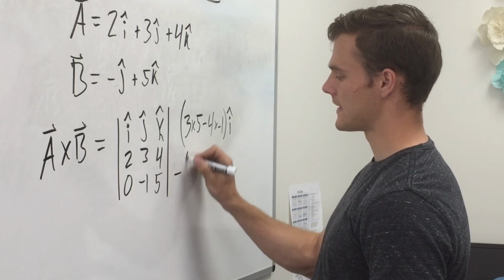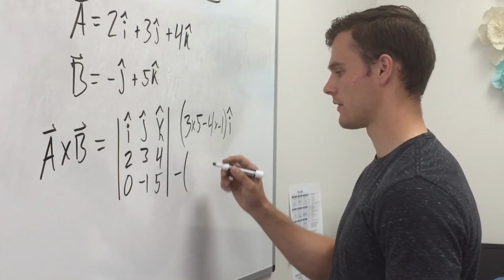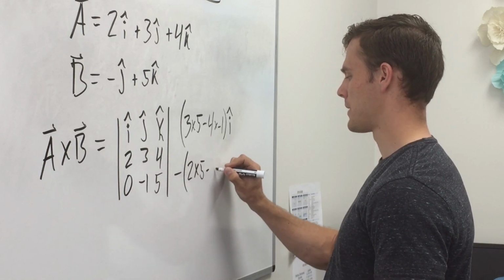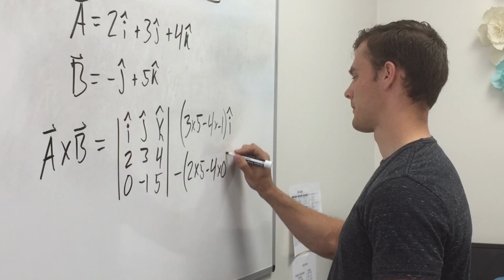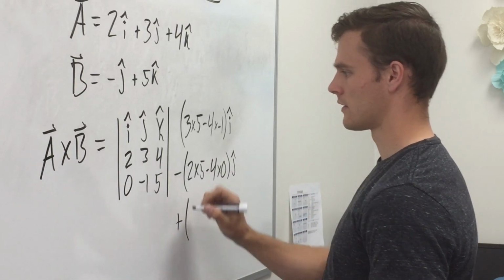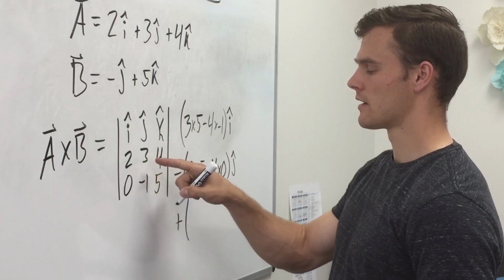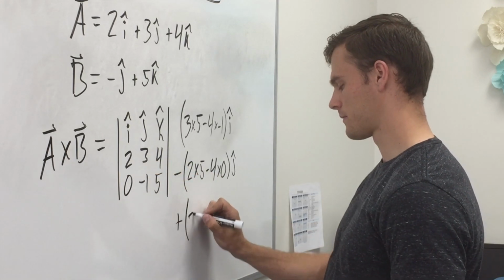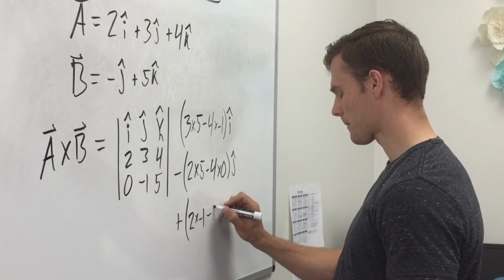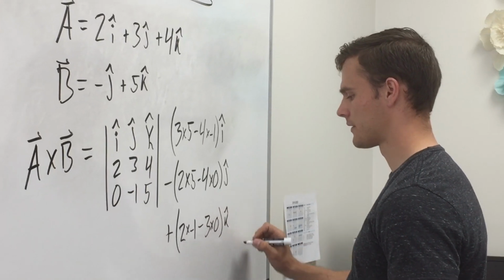And remember that it's negative because that's just how you solve a determinant. So 2 times 5 minus 4 times 0, J, plus, cross out these two rows, 2 times -1 minus 3 times 0. And that's the K component.